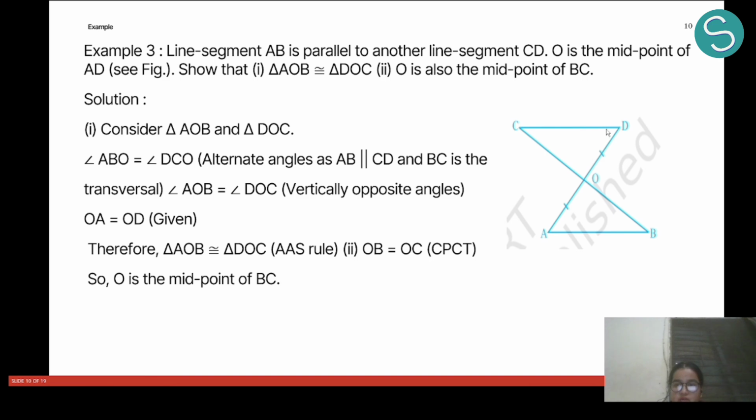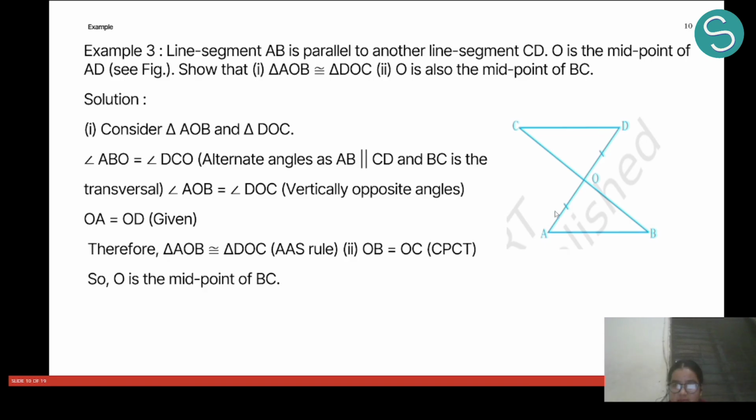Since AB is parallel to CD, by alternate angles, angle D equals angle A, and angle AOB equals angle COD by vertically opposite angles. And since O is the midpoint, OA equals OD. So by angle side angle, triangle AOB and triangle DOC are congruent.